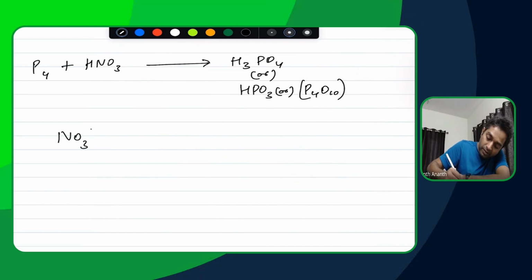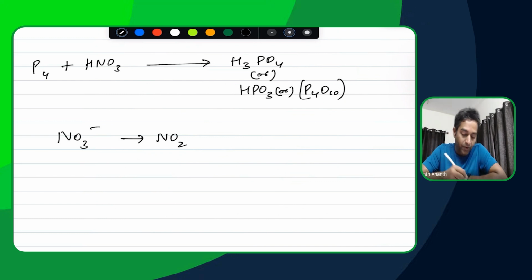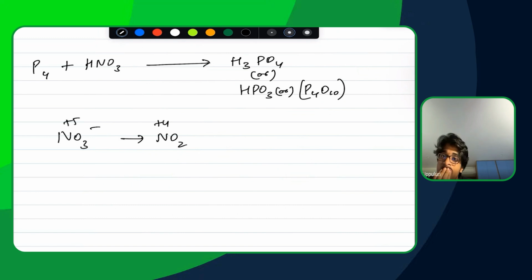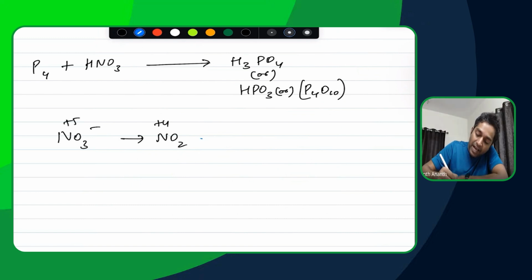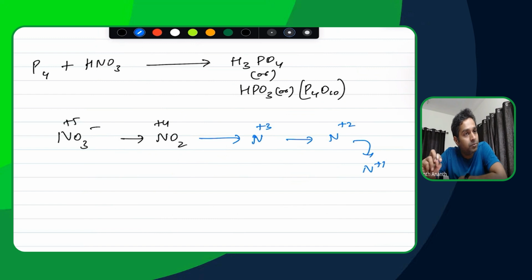NO3 minus becoming NO2 is one thing, where the nitrogen in +5 is going to become +4. Then this NO2 can still go and become nitrogen in +3, which can still go down and become nitrogen in +2, then nitrogen in +1, and so on and so forth.